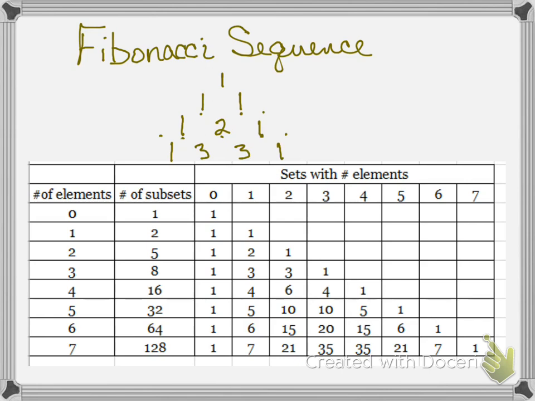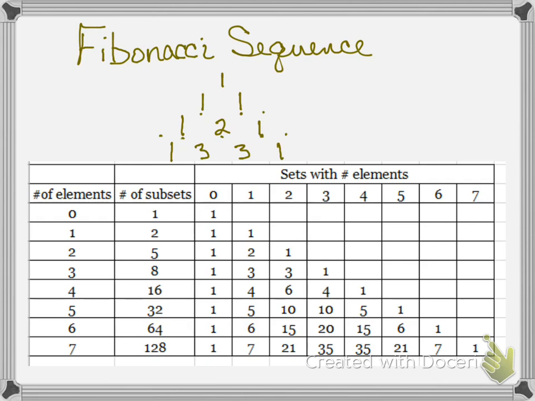Okay, now the number of elements in our original universal set directly relates to the Fibonacci sequence in determining the number of subsets that we have.